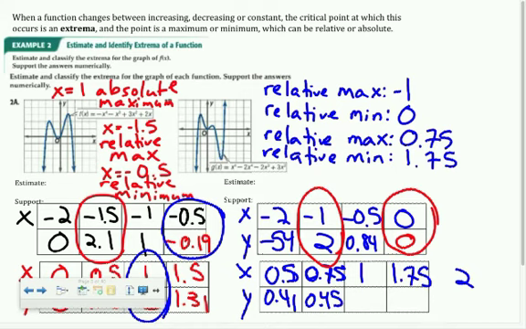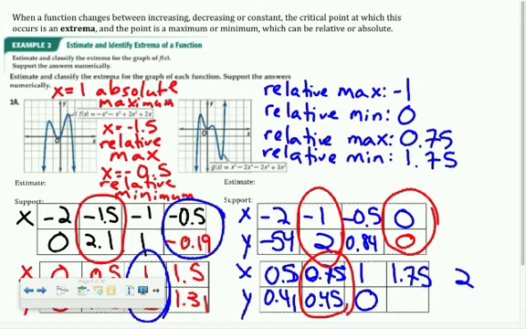Plugging in 1, I have 1 to the 5th power minus 2 times 1 to the 4th power minus 2 times 1 to the 3rd power plus 3 times 1 squared, which is 0. Again, this was an estimated relative maximum, and it is in fact bigger than the two values on either side of it.